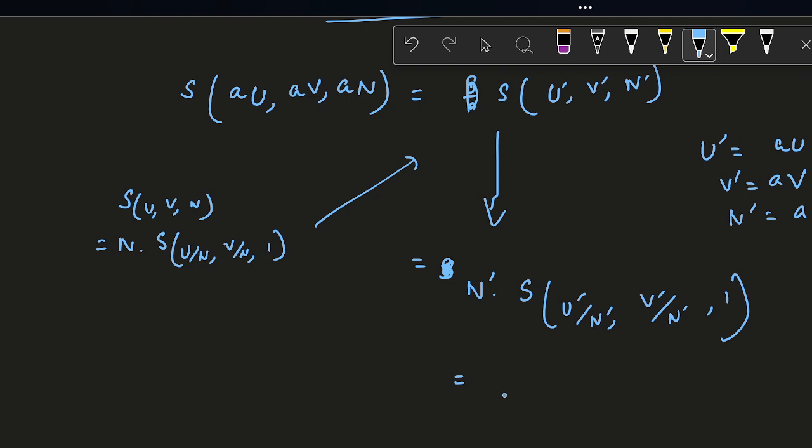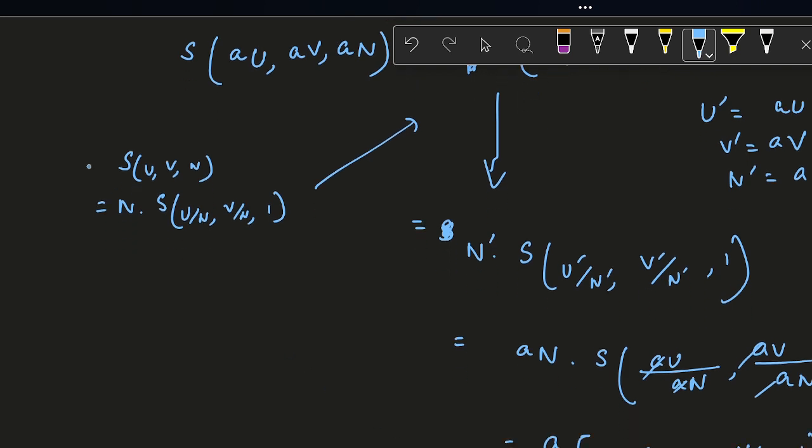Once you have done this, let us put back the actual values of these primed variables. So n prime is a times n. Then in the argument, u prime by n prime is a times u divided by a times n, then v prime by n prime is a v by a n, comma 1. So this a and a cancel out, and what you get is simply a times n into s of u by n, v by n, 1.